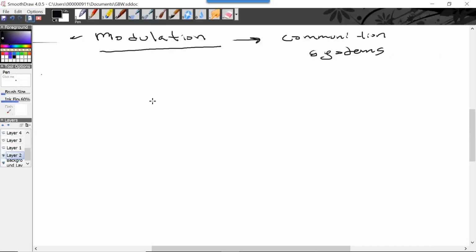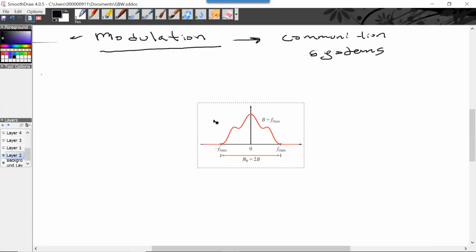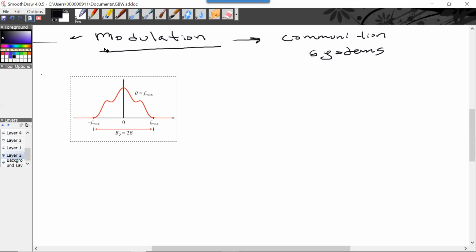The first one is, what do we mean by bandwidth? What this is, you could say, is that we have taken the Fourier transform of a signal.